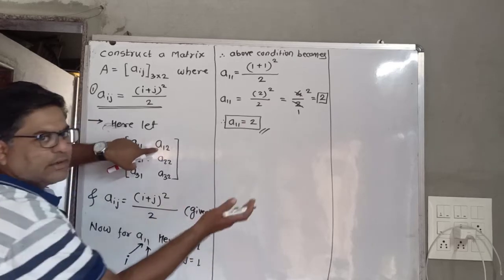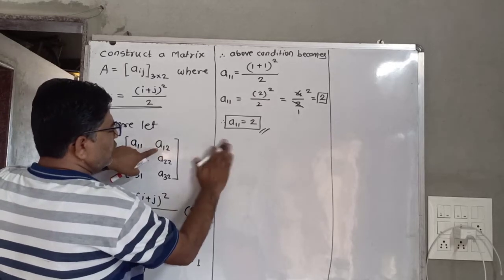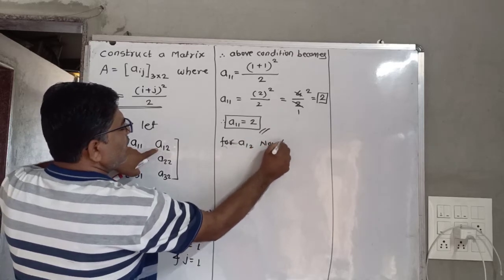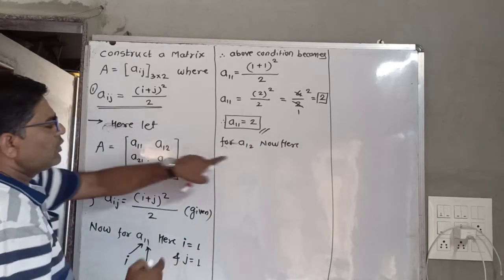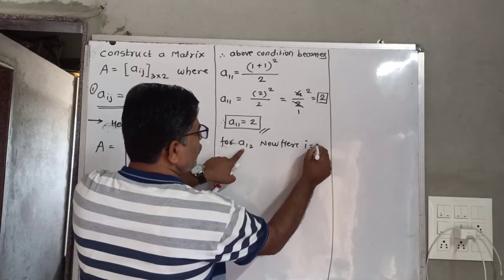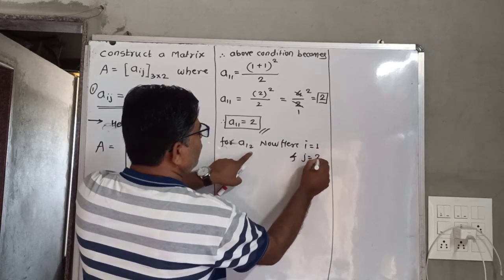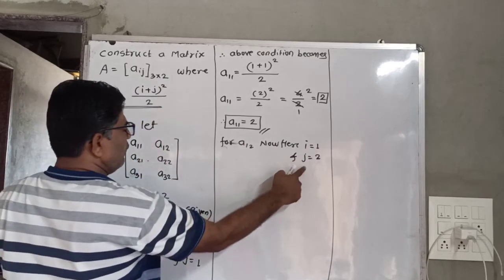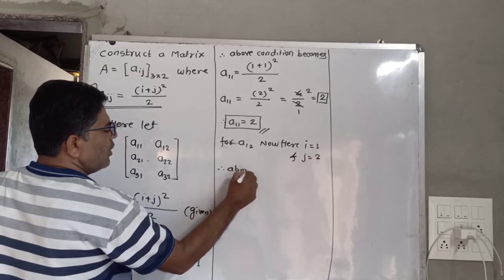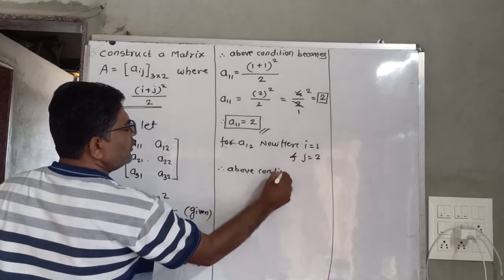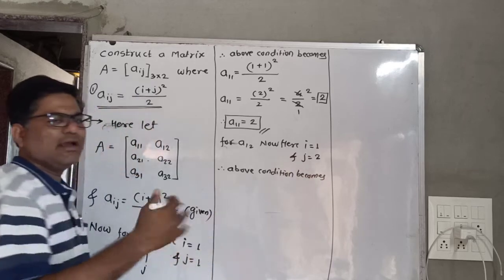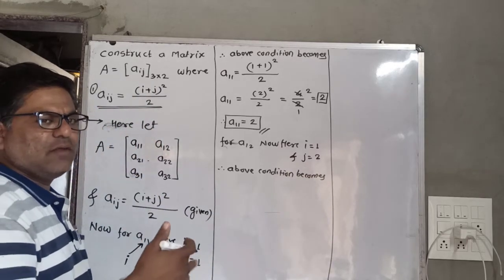Now move down to the next element, a12. Here the value of i is 1 and j equal to 2. Just put these values of i and j into the given condition. Now there is no need to write this again and again; slowly I am going to skip this step.